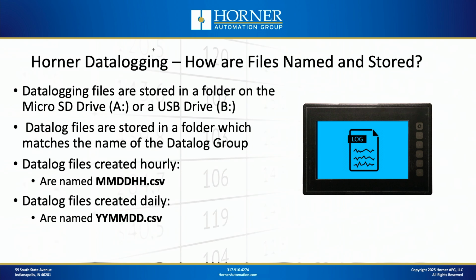And then within that data log group folder, you'll find files that are named based on the month, date, and hour, if they are hourly type files. In other words, files created every hour because your interval is every few seconds. Or those files are named with year, month, day if they are created daily because you're logging on a triggered basis or on a slower interval.